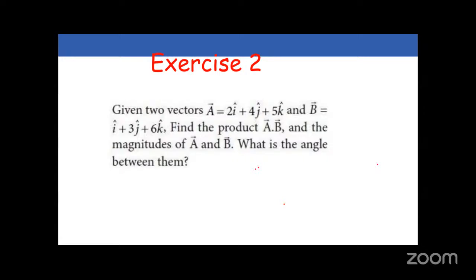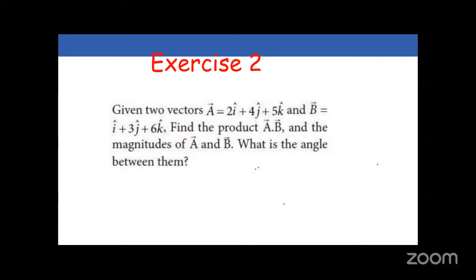Find the product A dot B, and the magnitude of A and magnitude of B. Then what is the angle between them?